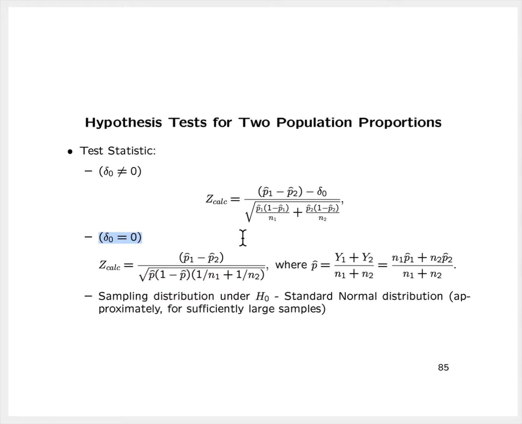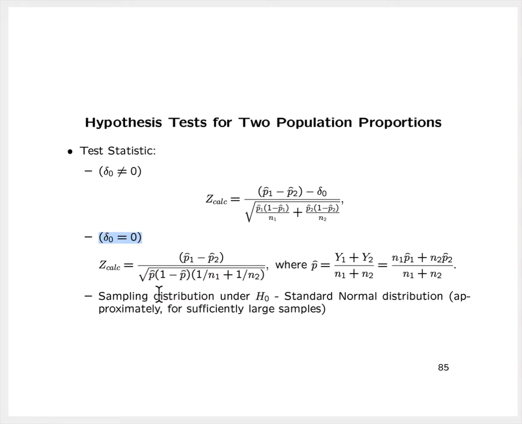It would be P1 hat minus P2 hat in the numerator, and we also have a minus zero here because zero is the hypothesized difference, but I'm not showing that there. We don't have to do anything with that. And then in the denominator we would have the estimated standard error of P1 hat minus P2 hat computed under the assumption that the null hypothesis is true.